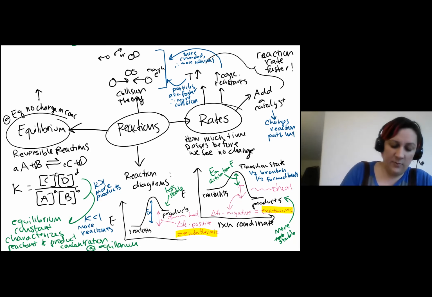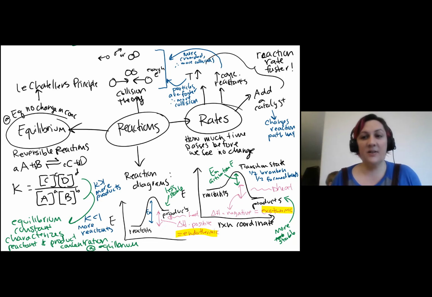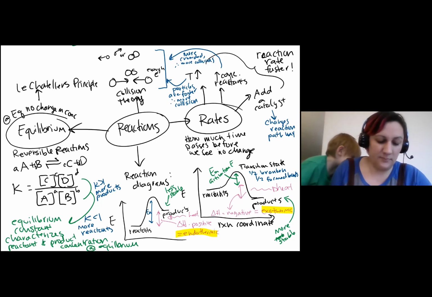And so this we call Le Chatelier's principle. Le Chatelier's principle tells us how the system is going to change or shift to re-find that balance that's described by the equilibrium constant K.